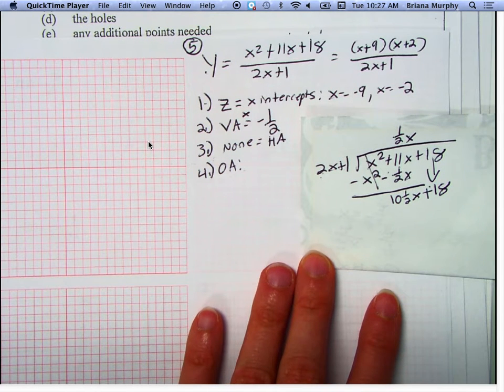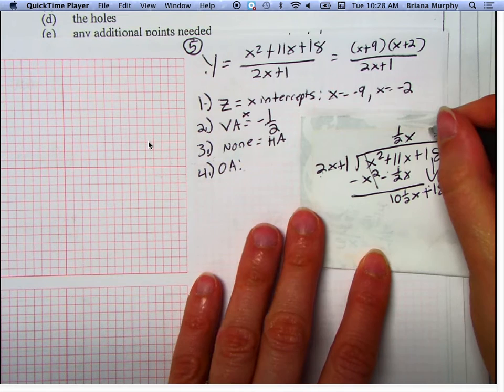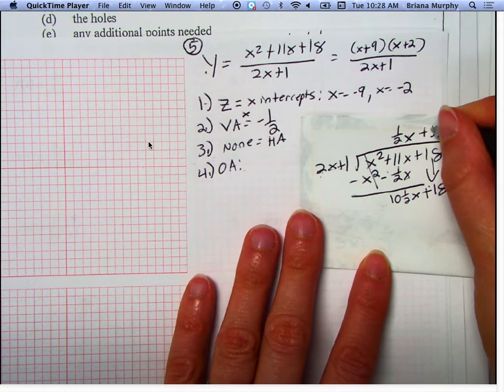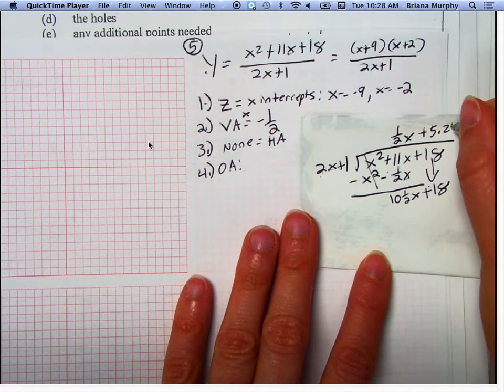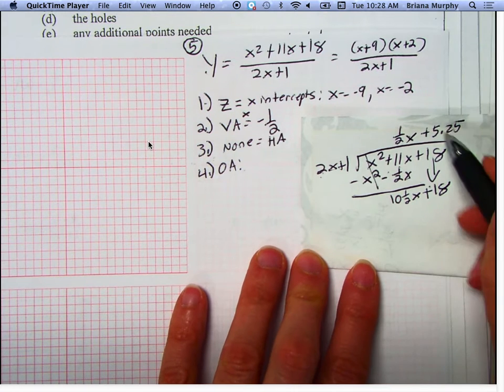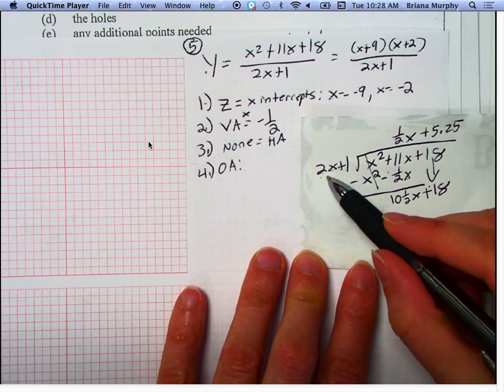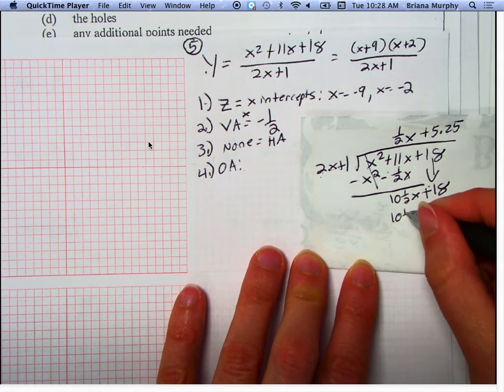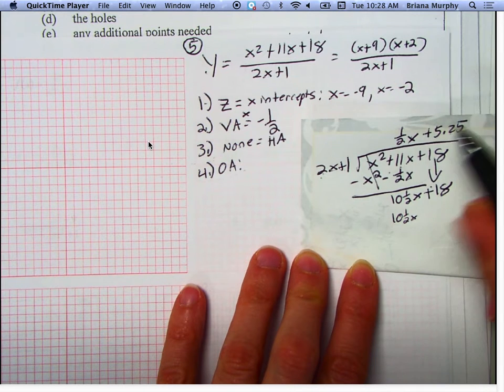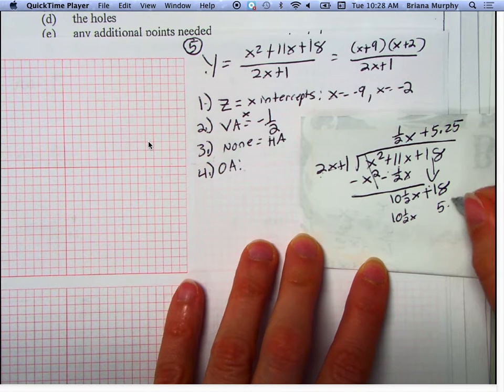What times 2x gives me 10 and a half x? 5.25, or 5 1/4. 5.25 times 2x gives me 10.5x. 5.25 times 1 gives me 5.25.